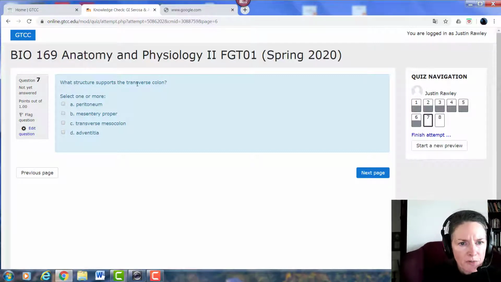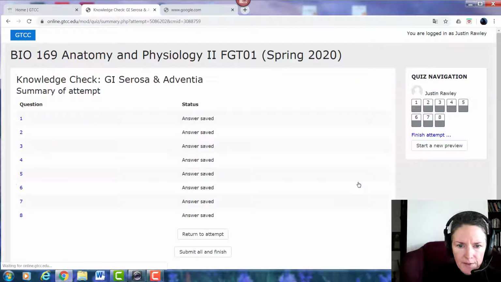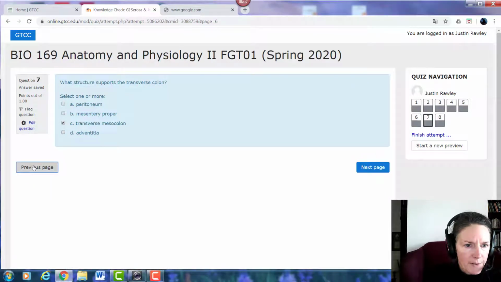All right, what structure supports the transverse colon, the transverse mesocolon? What is the term for the double layer of serous membrane that provides passageways, so forth? That's a mesentery. So what we're going to do now is we're going to return to the attempt, and we're going to look at the one that we purposefully left out one.